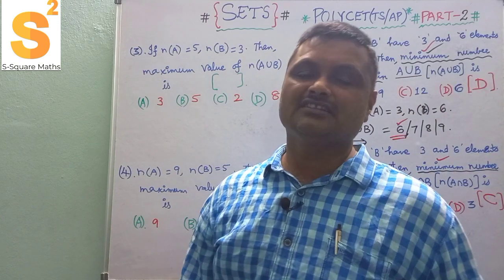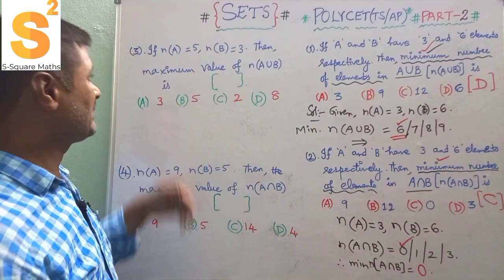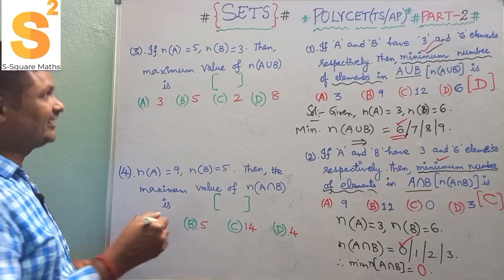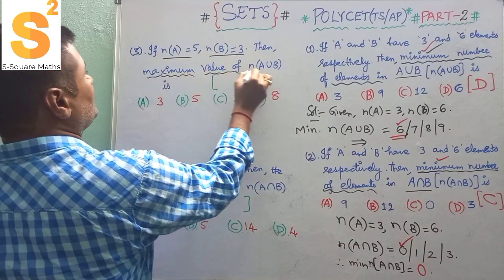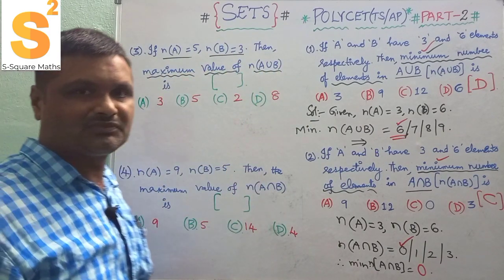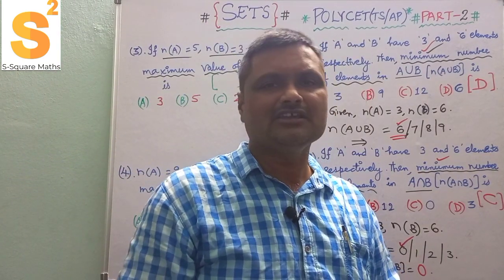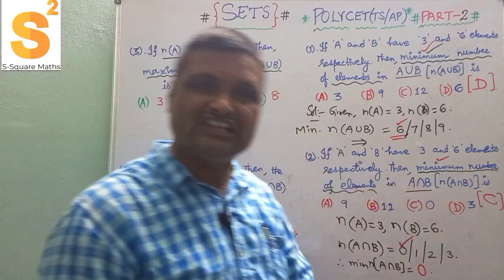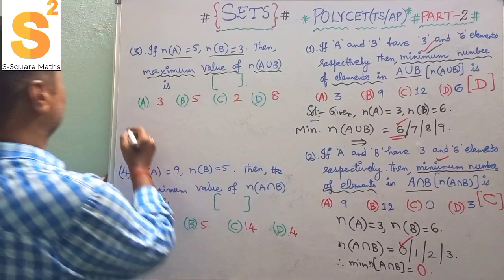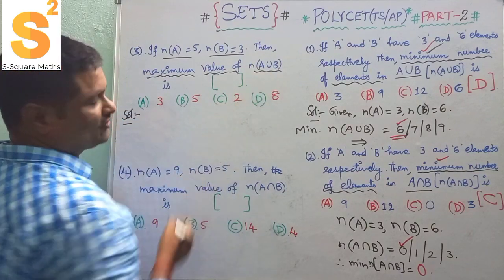Now the two problems on minimum have been completed. Next, coming to maximum. n of A is given and n of B is given, find the maximum value of n of A union B. Since they said the maximum value of n of A union B, A and B should be disjoint sets. So the solution: A and B should be disjoint sets.